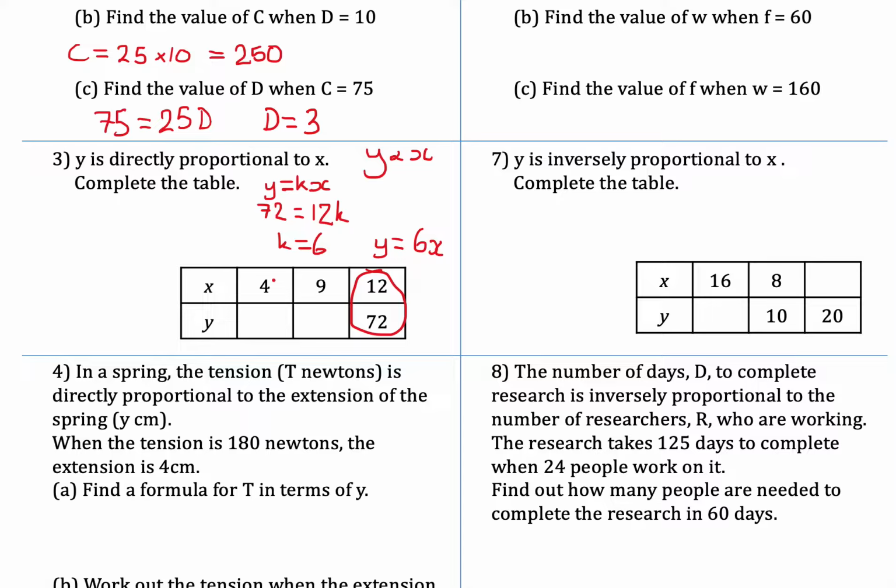We basically just worked out the equation of this line that we're going to get with these sets of coordinates. But a quicker way to do it might have been just to try and figure out the link from here. So 9 times 6 would be 54, and 4 times 6 would be 24.